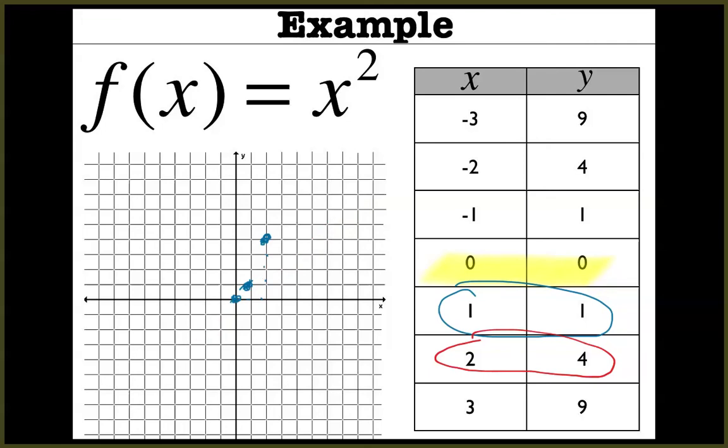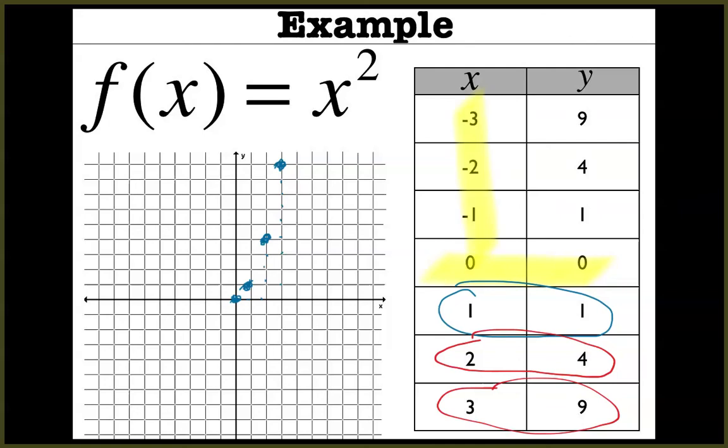And then when we do 3, 9, that's way up here. 1, 2, 3, 4, 5, 6, 7, 8, 9. Okay, and we put a little dot way up there. And we can see that this is a nonlinear graph. The question is, how do we connect the dots on this? Well, wait, before we connect the dots, we still need to do these other ones.